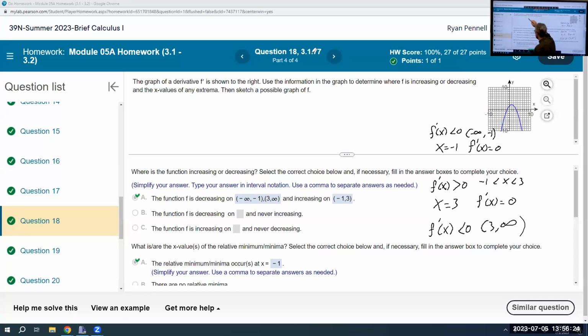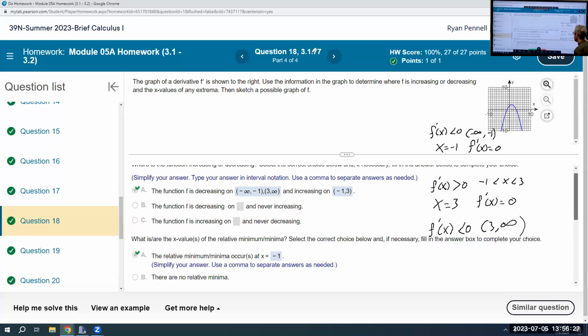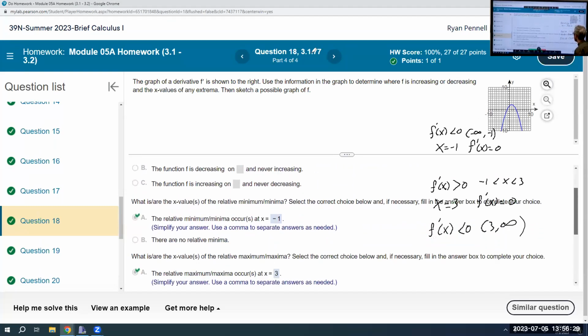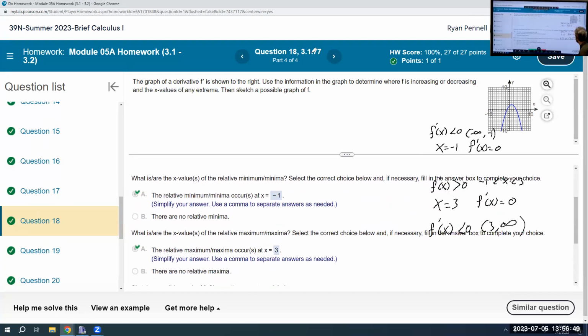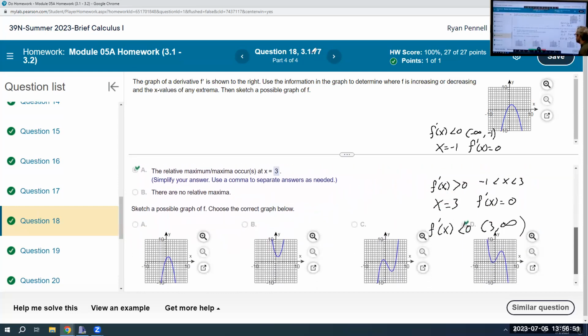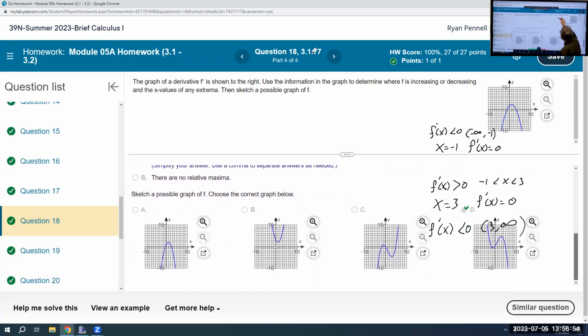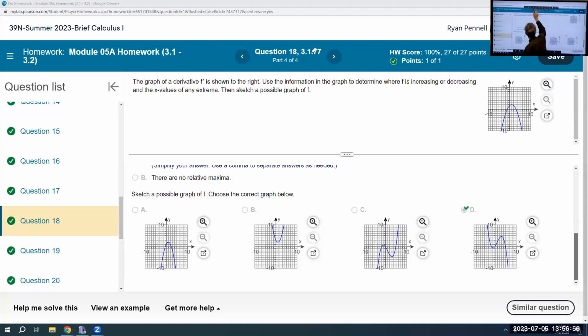What is the relative minima that occurred at x equals -1? You can find that by plugging it into the original function. And so that means the relative maxima occurs at x equals 3. That's where the derivative equals 0. And what would be the original function? Again, I'm trying to hint towards it.